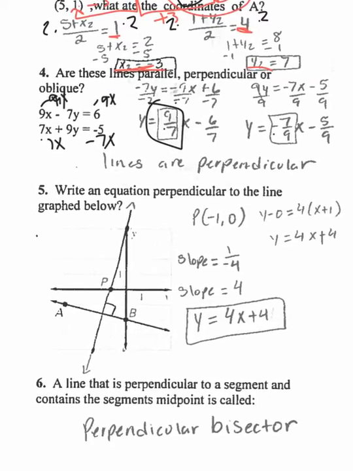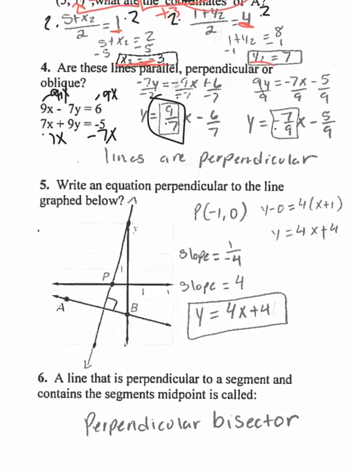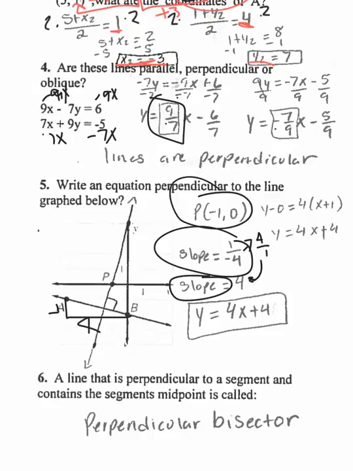Write an equation perpendicular to the line. So AB, if you look on your paper, has a slope of down 1 over 4. That's this slope. But if you're going to be perpendicular, you have to do the opposite reciprocal. So you flip that, change the sign to positive, that's this slope. To write an equation, you need 2 things. Let me change the color. You need a slope, you need a point.